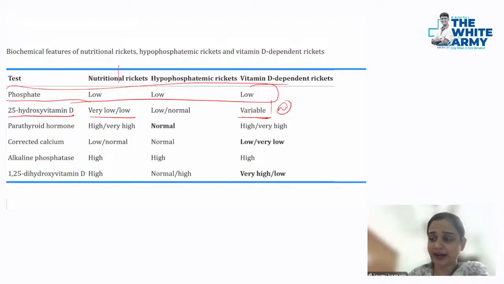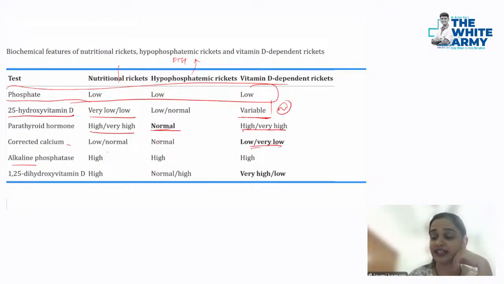Parathyroid hormone can be normal in hypophosphatemic rickets, because hypophosphatemia is there, so PTH is probably not stimulated, because parathyroid hormone wants low phosphorus and high calcium levels, correct? In others, it will generally be high in an attempt to normalize your calcium levels. So corrected calcium can be normal, or it can be very low in vitamin D dependent rickets, because obviously vitamin D function is not there, correct?